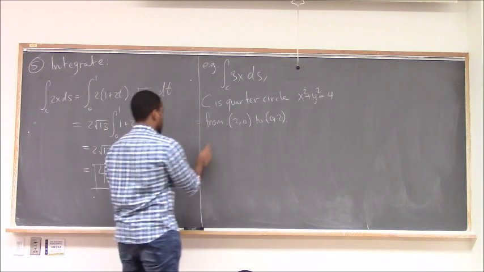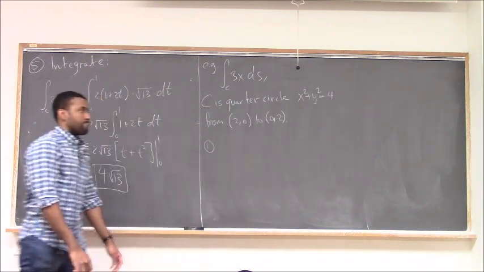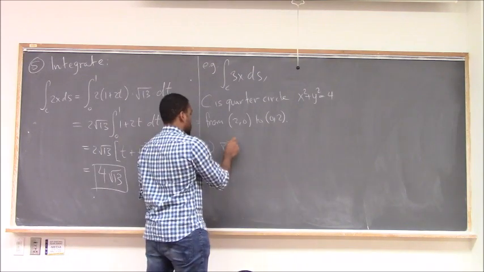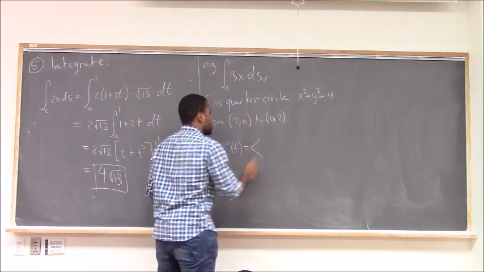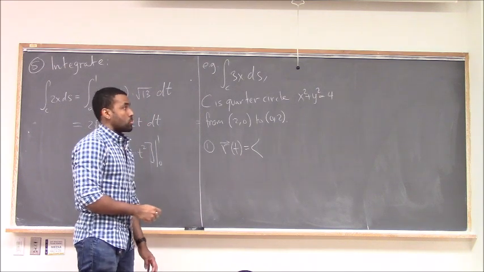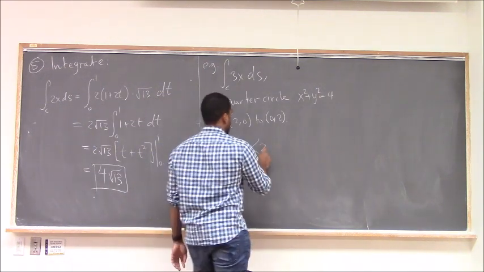So what's the first thing we do? Parameterize. r of t is going to be 2 cosine t and 2 sine t.